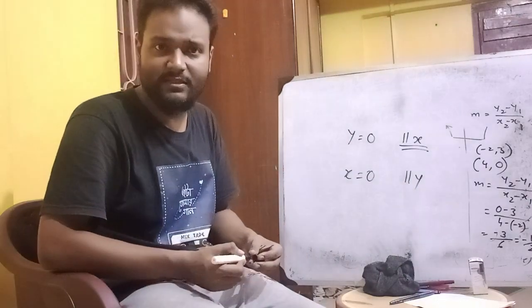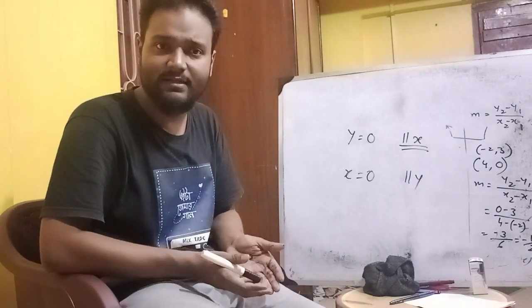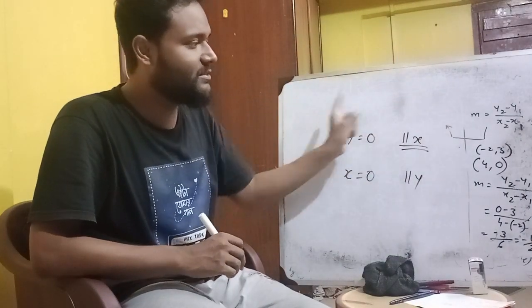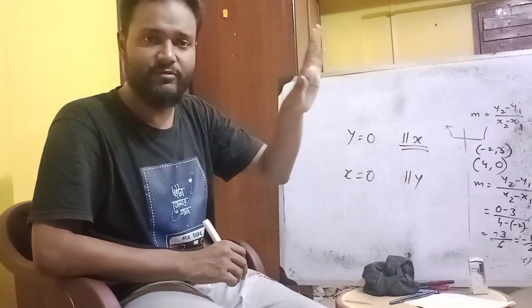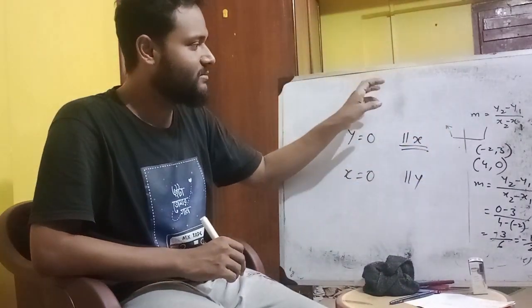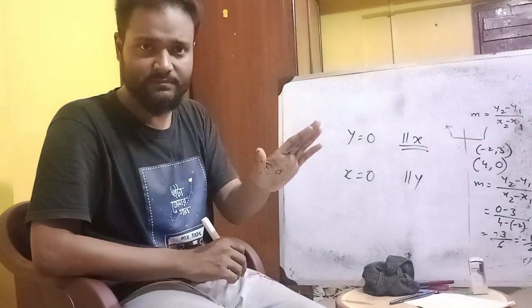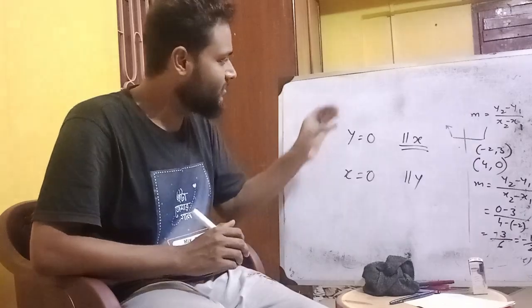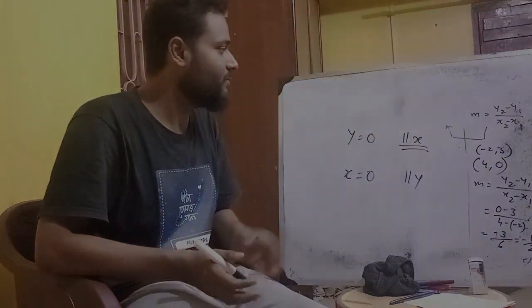So some basic concepts are there, so we need to clear those concepts, and we need to know these three equations properly, just read the question, then put the data in the proper equation in the proper way.